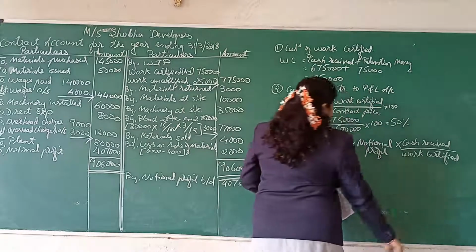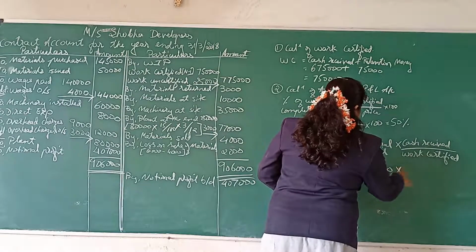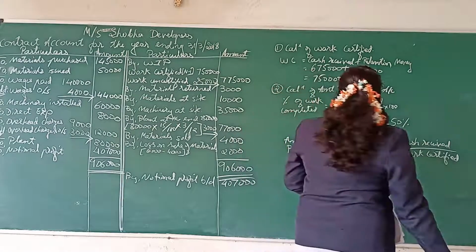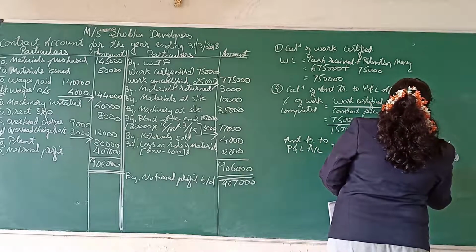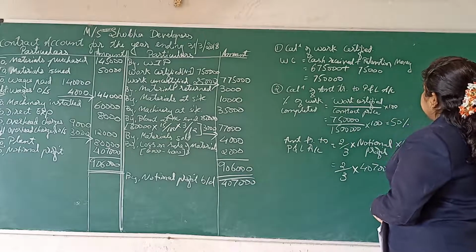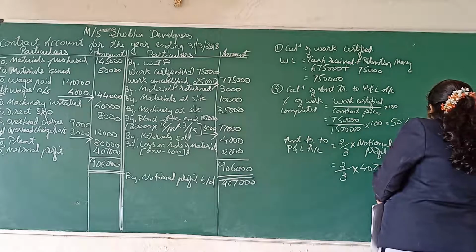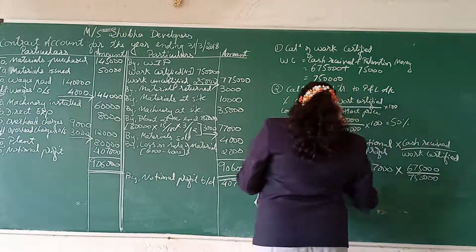Two-thirds into notional profit is 4,07,000 into cash received. Cash received is 6,75,000 divided by work certified is 7,50,000. Calculate this.